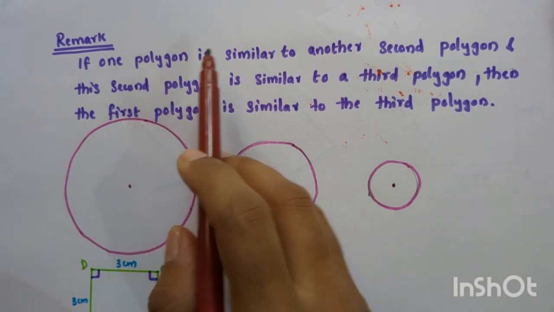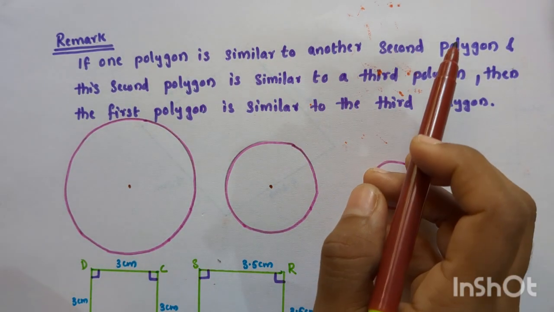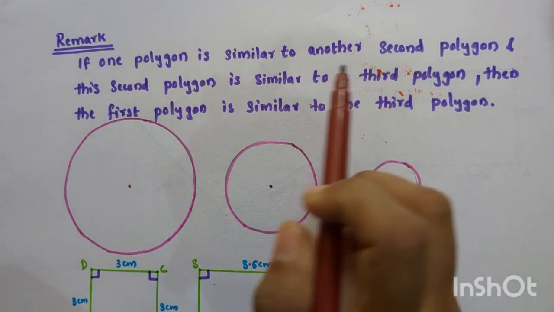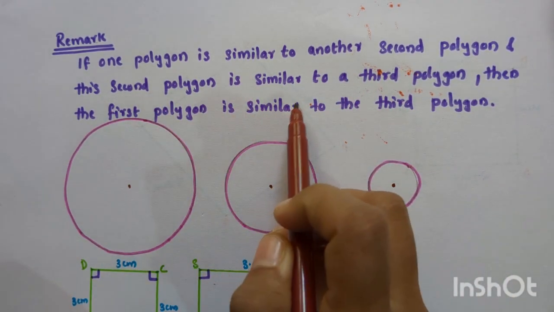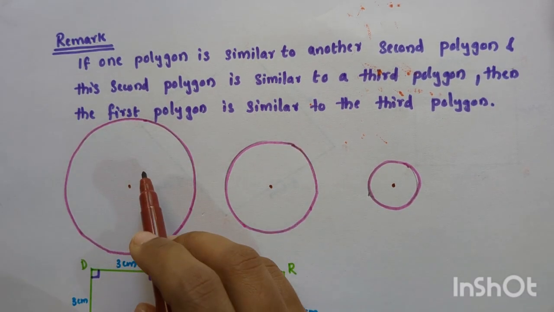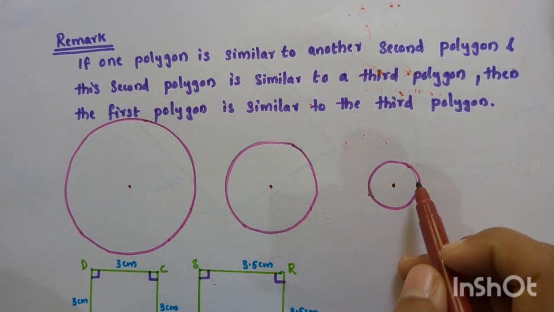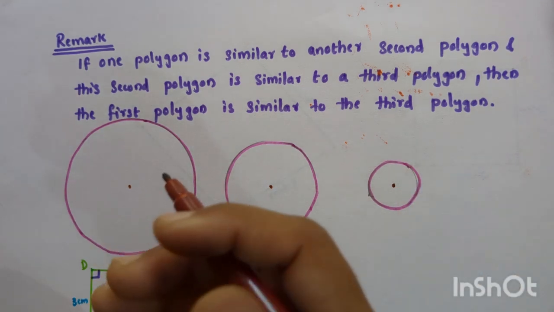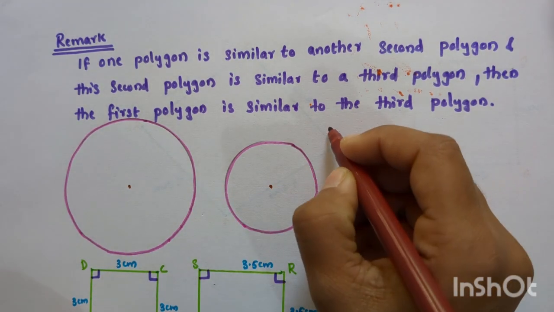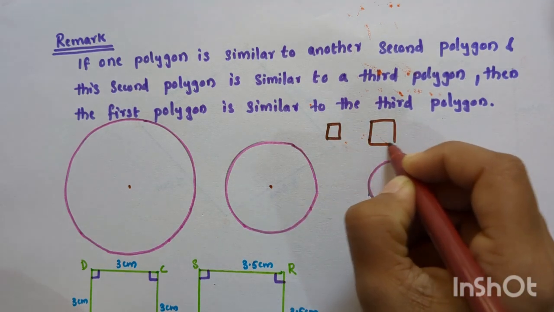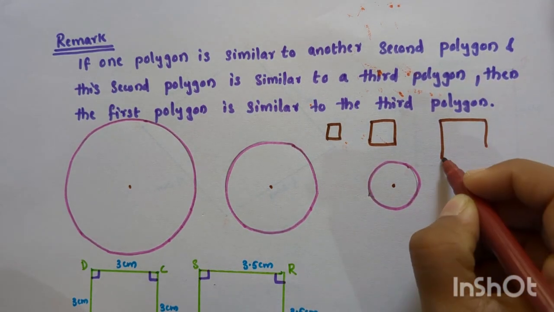If one polygon is similar to a second polygon and this second polygon is similar to a third polygon, then the first polygon is similar to the third polygon. That means, suppose we have three squares. Let us consider one is this square, another one is this one, another one is this one.